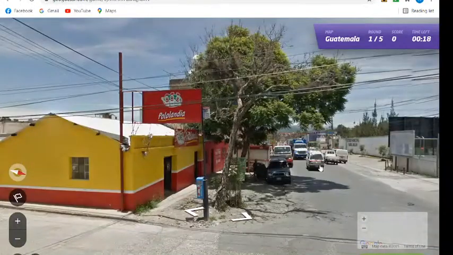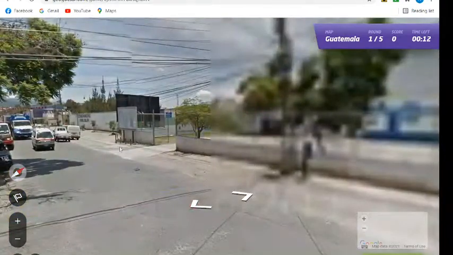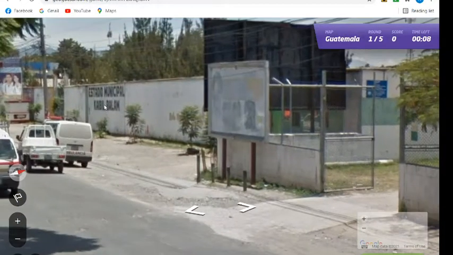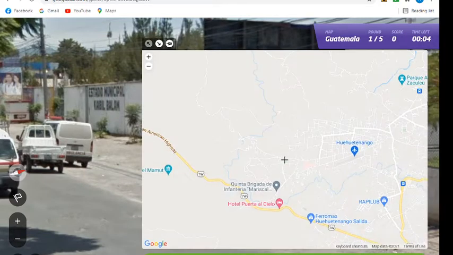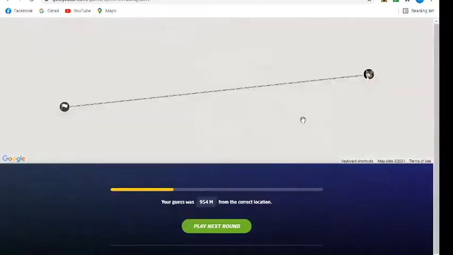Pollolandia. Okay. Sounds like a chicken restaurant that would be in Brazil, right? Okay. Estadio Municipal Caibil Balam, which again looks like a Mayan name.